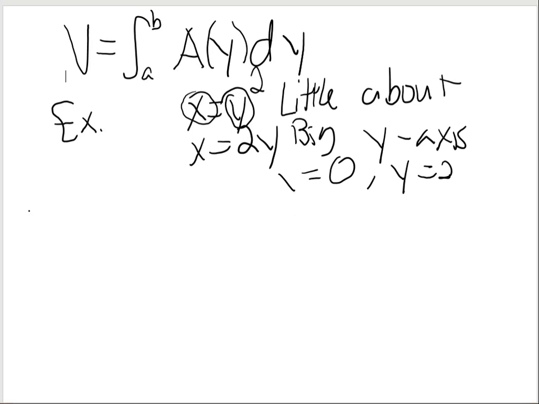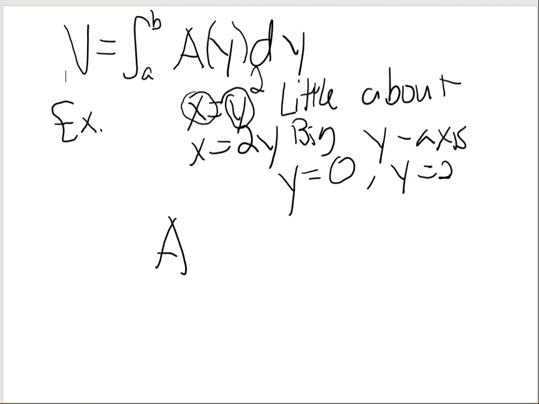Now, if you choose the wrong one, just know that your integral will be negative, a negative volume. That will be the only difference there. So if you get a negative, just know that you probably chose your little or big one incorrectly.